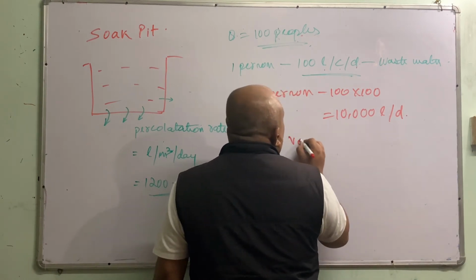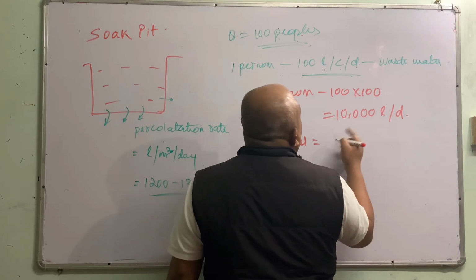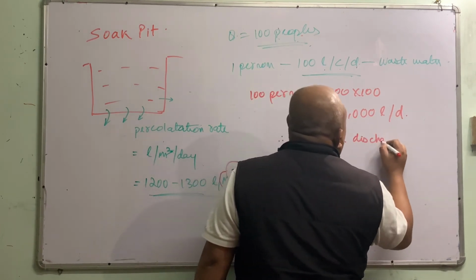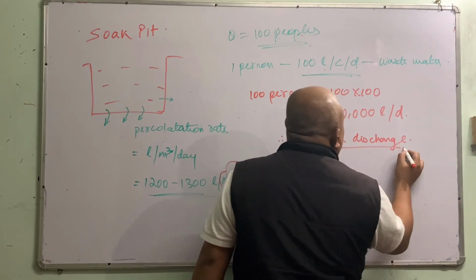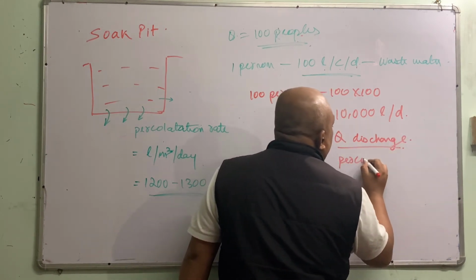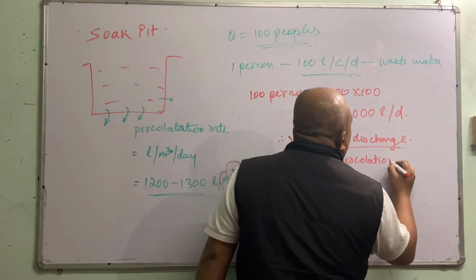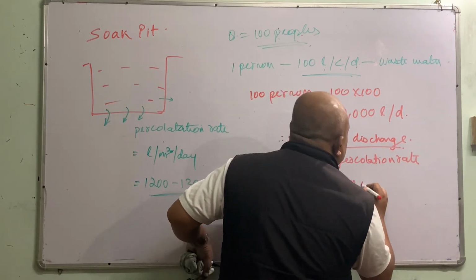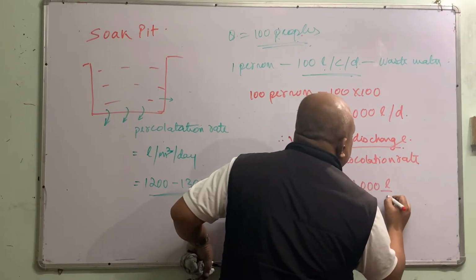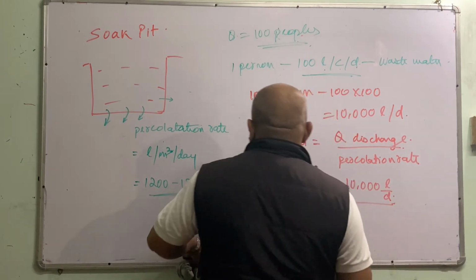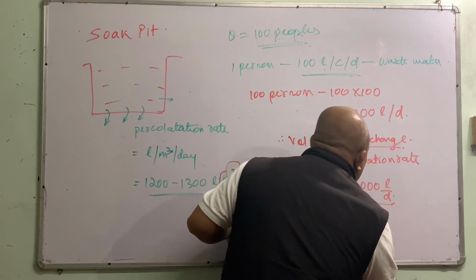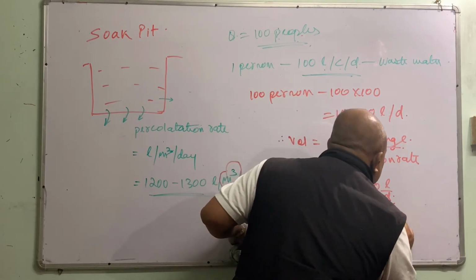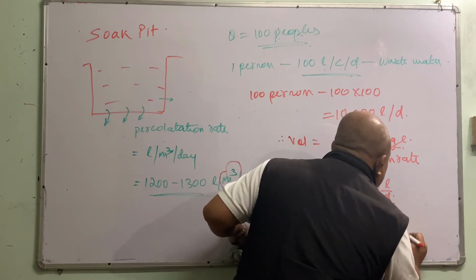Therefore, volume is equal to the discharge divided by the percolation rate. The discharge is 10,000 liters per day divided by 1,300 liters per meter cube per day.